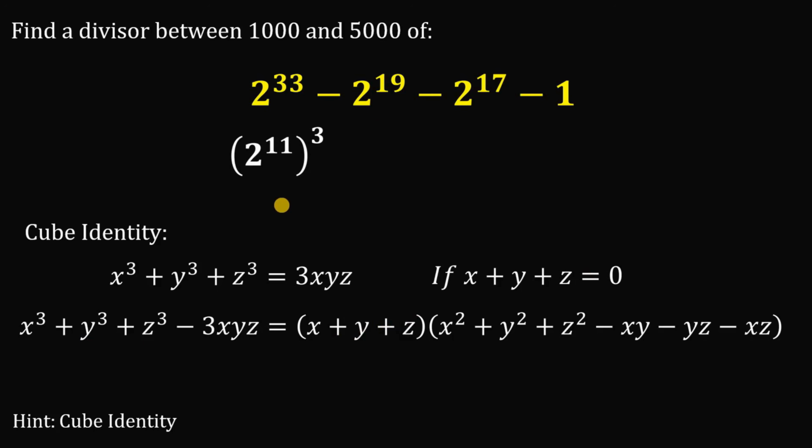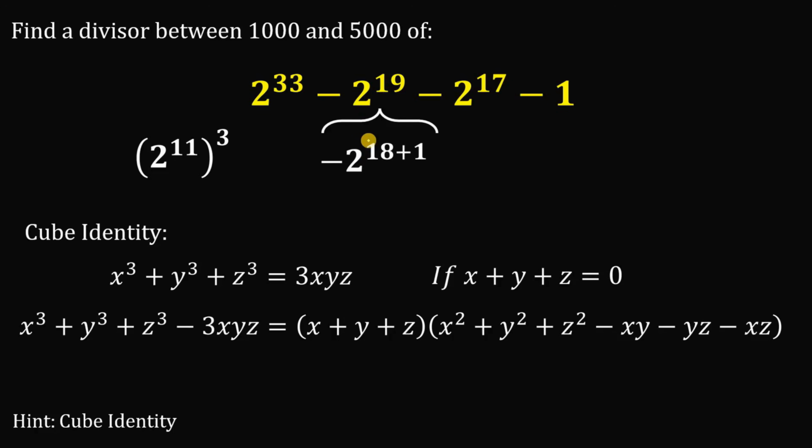Now, let's set aside this result, and let's focus on this negative 2 raised to the power of 19. Now, 19 is not a multiple of 3, but 18 is a multiple of 3. So, let's use the number 18 instead of 19, because 19 can be written as 18 plus 1. And using some laws of exponent, we can rewrite this as 2 raised to the power of 18 times 2.